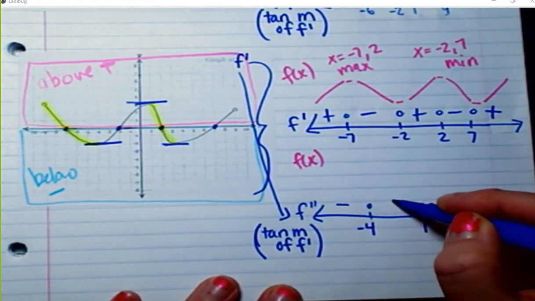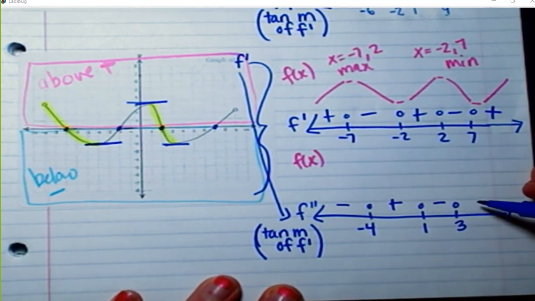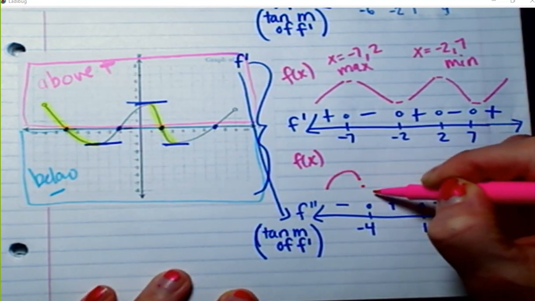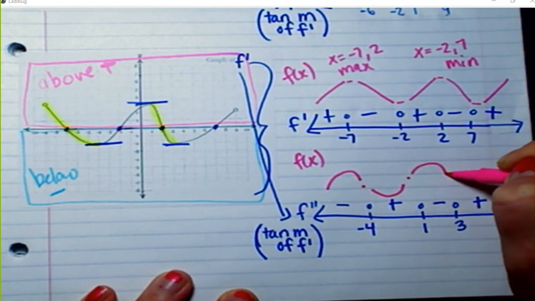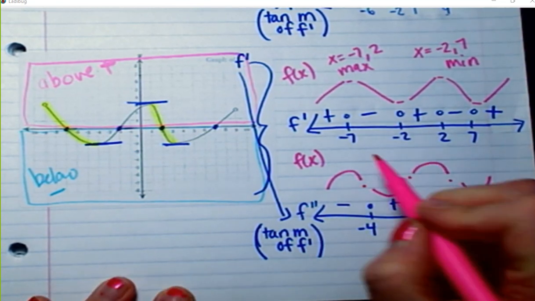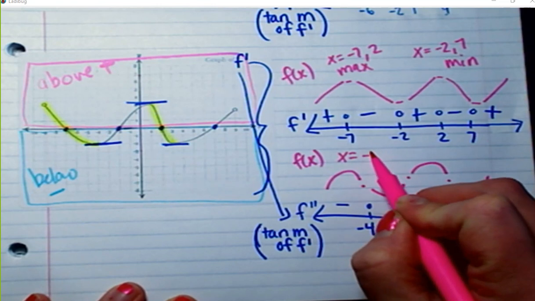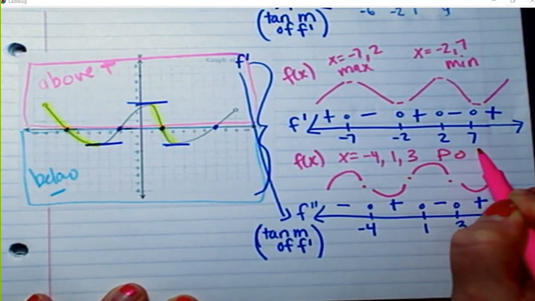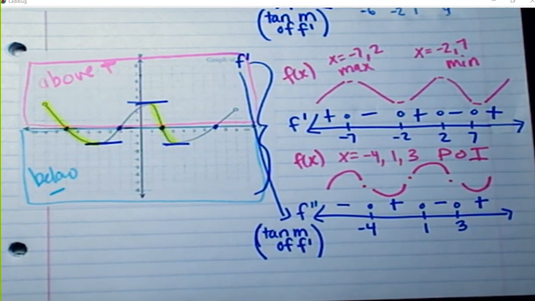And it's negative, positive, negative, positive. The second derivative tells me about curvature. So down, dot, up, dot, down, dot, up. Okay, x equals negative 4, 1, and 3 are the points of inflection.